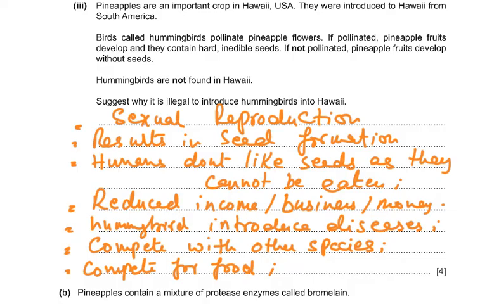So this would be sexual reproduction in pineapple. This would result in seeds, but humans don't like to buy pineapple with seeds because the seeds cannot be eaten, so seeds are thrown away. If you buy a kilo of pineapple and there are 250 grams of seeds in it, of course you have less to eat. Then this will result in reduced income, business, money. Hummingbirds introduce diseases, compete with other species of birds, and compete for food.